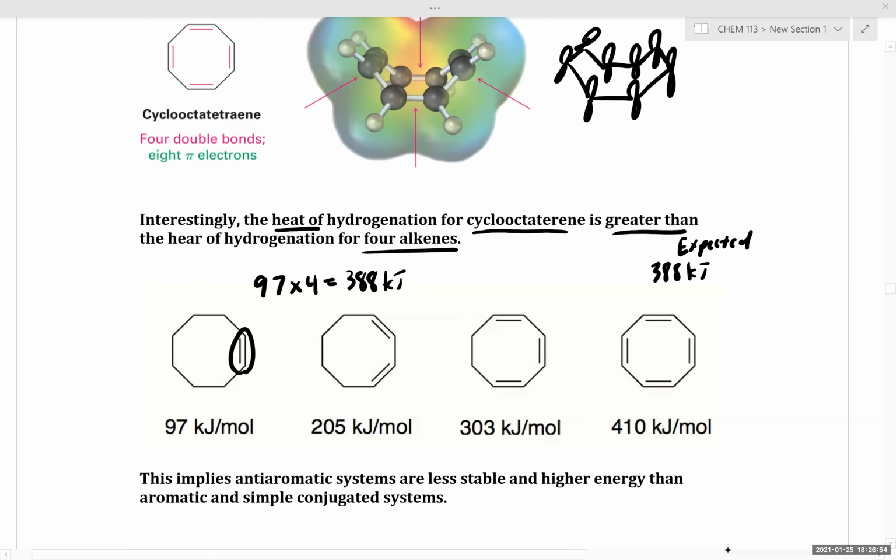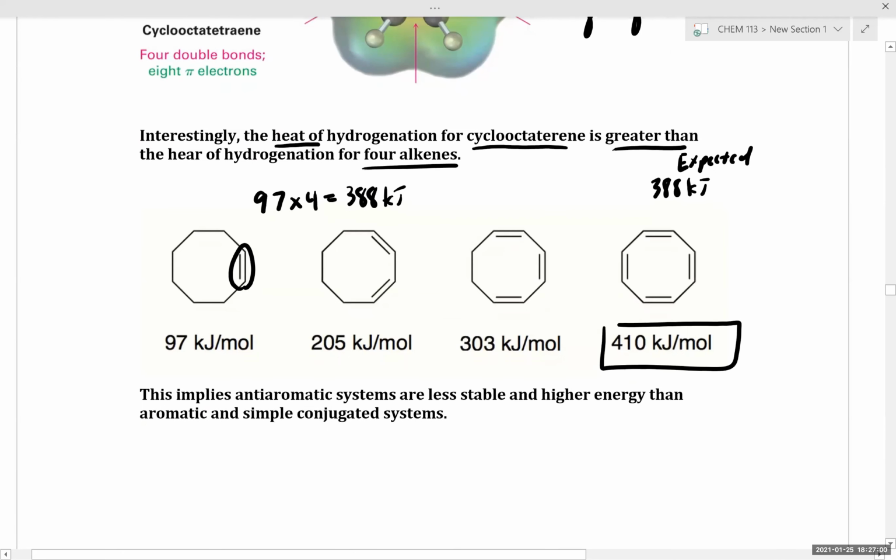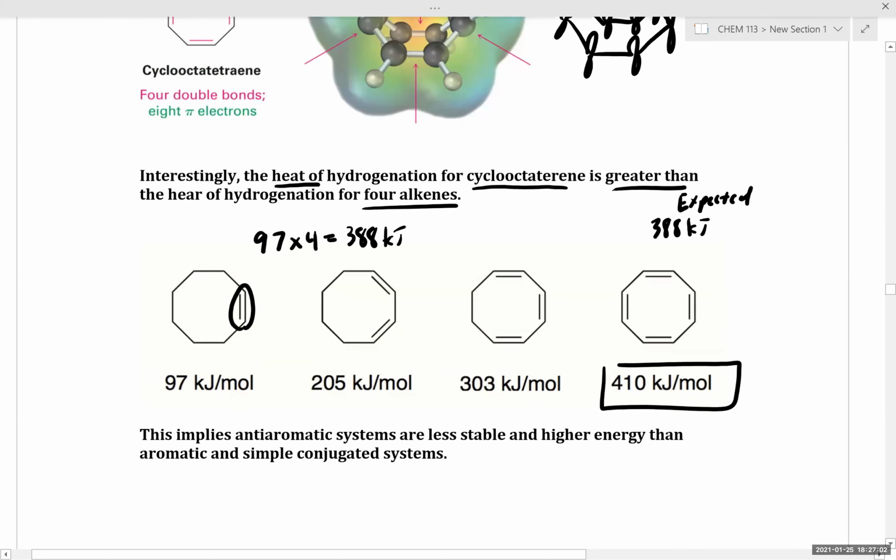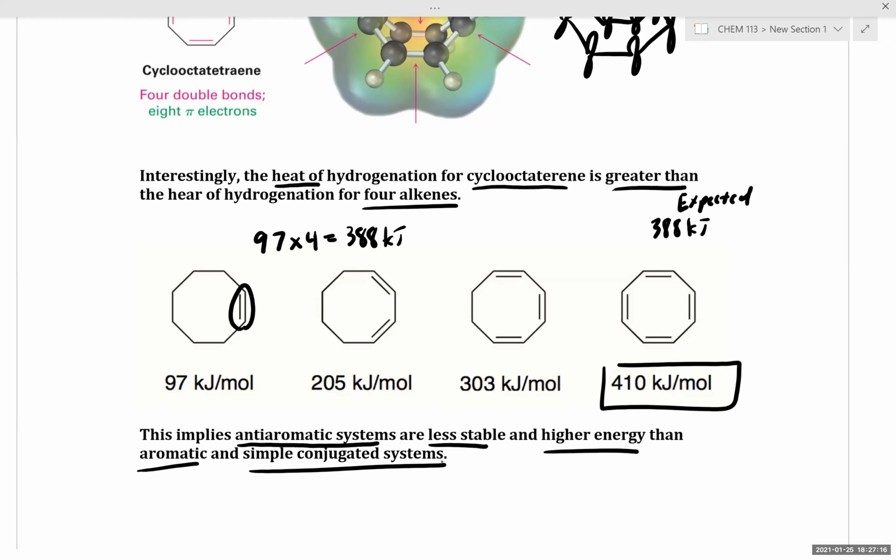In reality, we see 410 kilojoules per mole of heat released. And this tells us that anti-aromatic systems are less stable and higher in energy than aromatic and simple conjugated systems. So it's not just that anti-aromatic systems are not stable, they are actively unstable and destabilized.